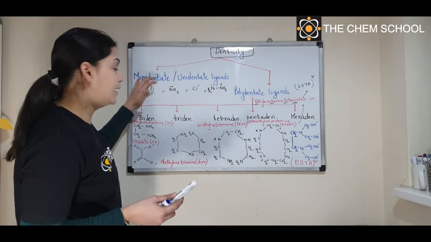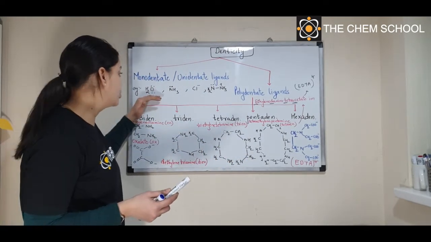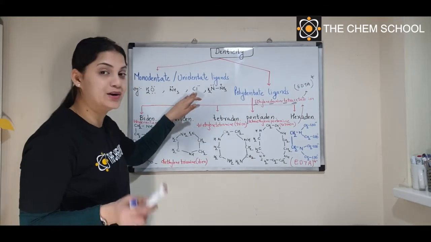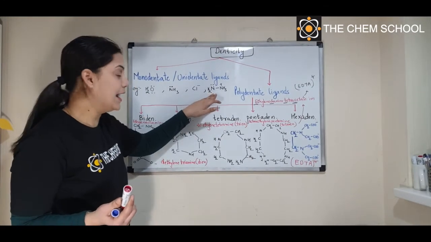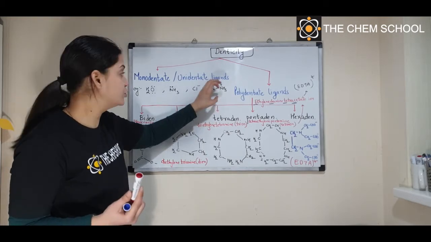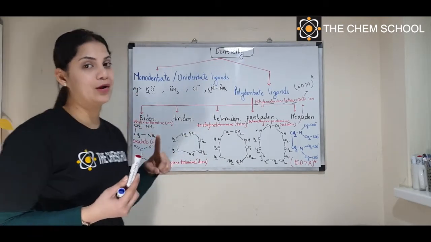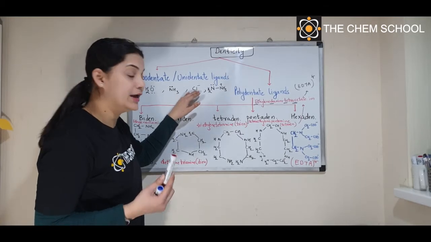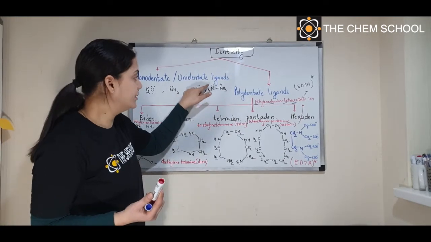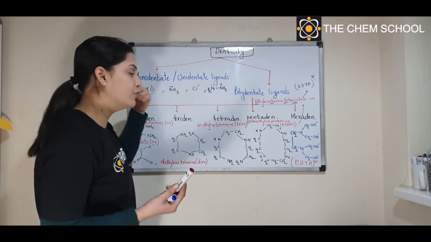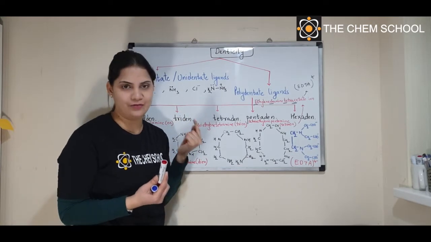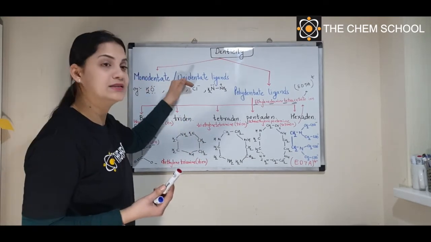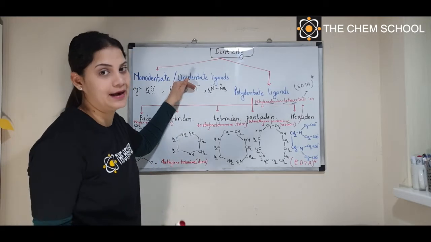Monodentate, I can repeat, can be neutral, like you can see water, ammonia, we said it was neutral; chloride, it was anionic; and hydrazinium ion, that was cationic. So these are all going to donate only one pair of electrons. Here they are going to donate one lone pair. Here it is going to donate a negative charge. Here it is going to donate this pair of electrons. Since it is donating only one pair of electrons, it is going to be a monodentate, or you can say a unidentate ligand.